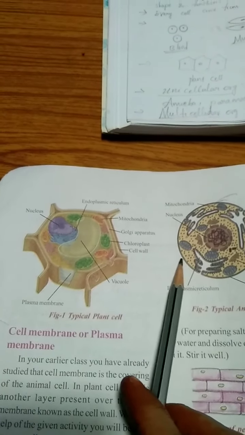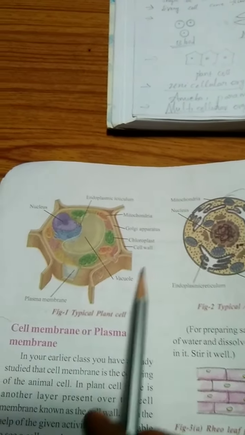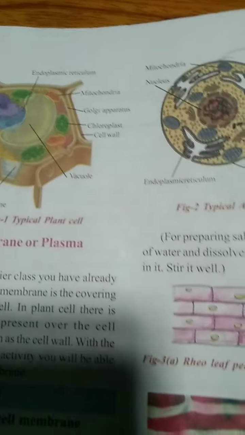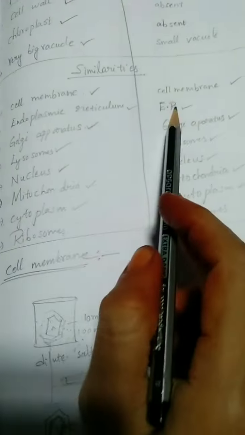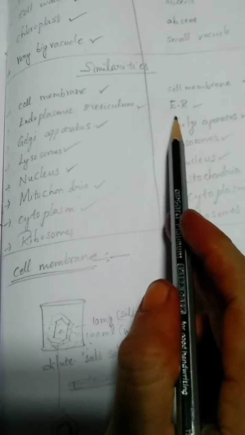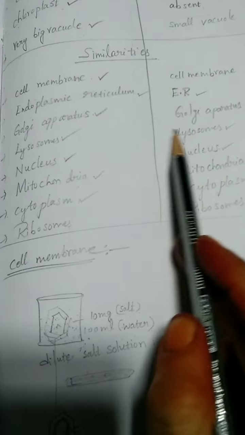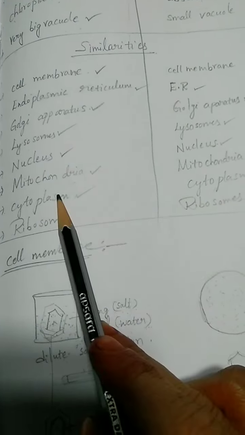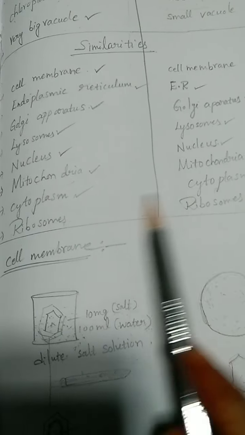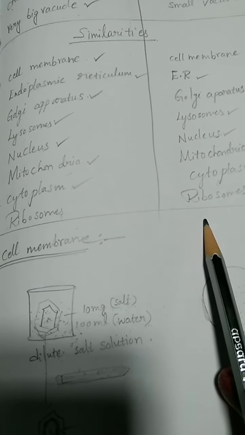After this, we should know about the similarities between the plant cell and the animal cell. Both cells contain a cell membrane, endoplasmic reticulum, Golgi apparatus, lysosomes, nucleus, mitochondria, cytoplasm and also ribosomes.